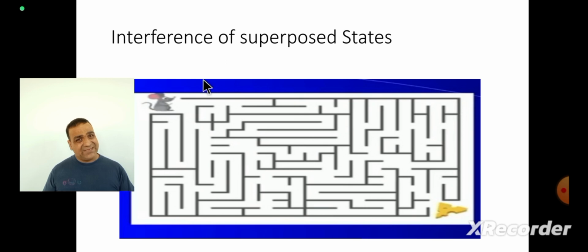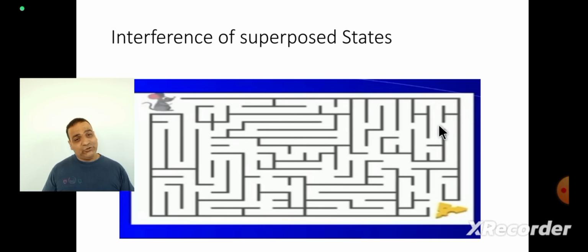In this case, the rat does not actually have to make all those possible zeros and ones and go all the way to reach its food on the other side. That's not the case here. In this case, all the tracks are there, and whatever has to be rejected will be rejected via interference.